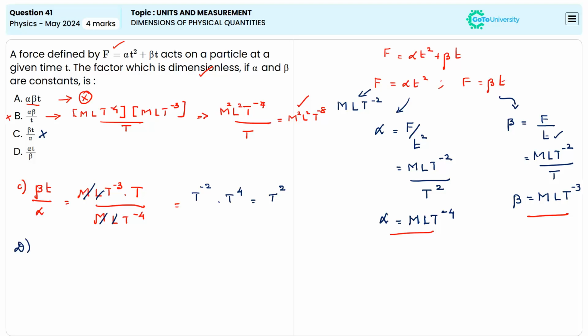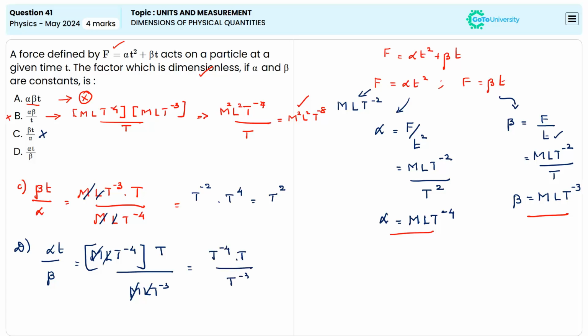Let us check option D. Option D is given as alpha t divided by beta. So here we can write alpha as M L T power negative 4 times T divided by the beta value, M L T power negative 3. So here, when we are simplifying the similar terms, we will get T power negative 4 times T divided by T power negative 3.